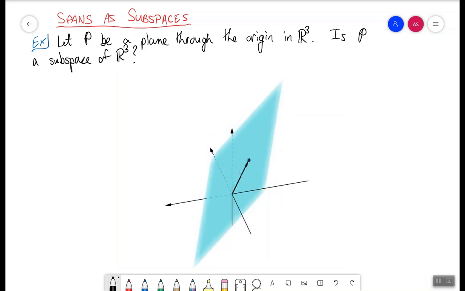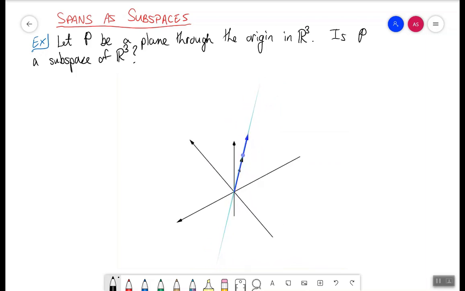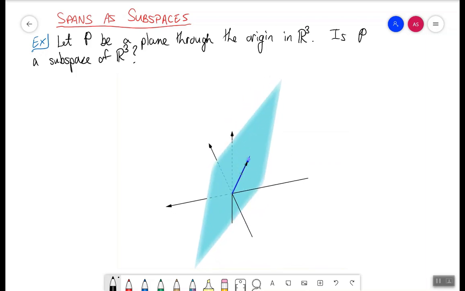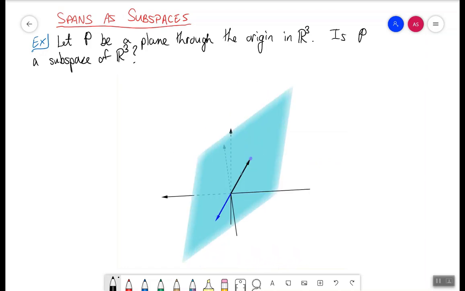The second thing we need to check is that if I take a vector in our plane and scale it, I get a vector that's still in our plane. I have such a vector here. Scaling this vector a bit, we can see that I do indeed get somebody in our plane. And the same is true with other scaling factors and with other vectors in our plane.